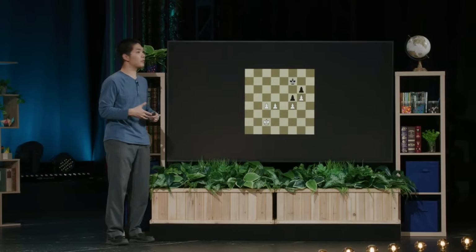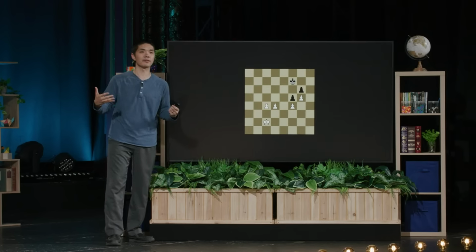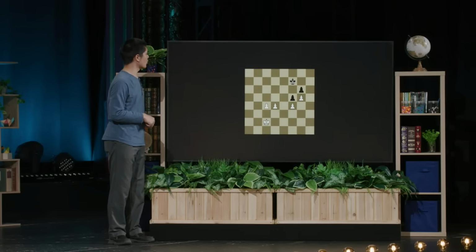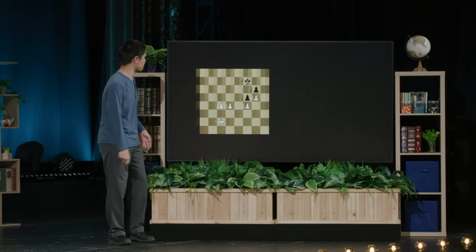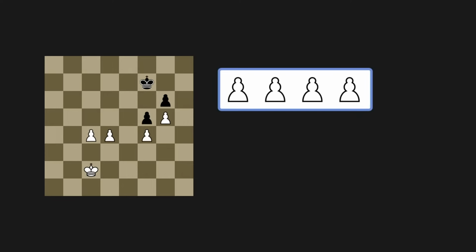And so one evaluation function, one very simple evaluation function we might use, would just be to say, count up the number of pieces that each player has. In this case, other than the kings, we're really just looking at pawns here represented on the board. And so if we were to count them up, we would say that, all right, white has 1, 2, 3, 4 pawns. So white's got 4 pawns in this particular game state.